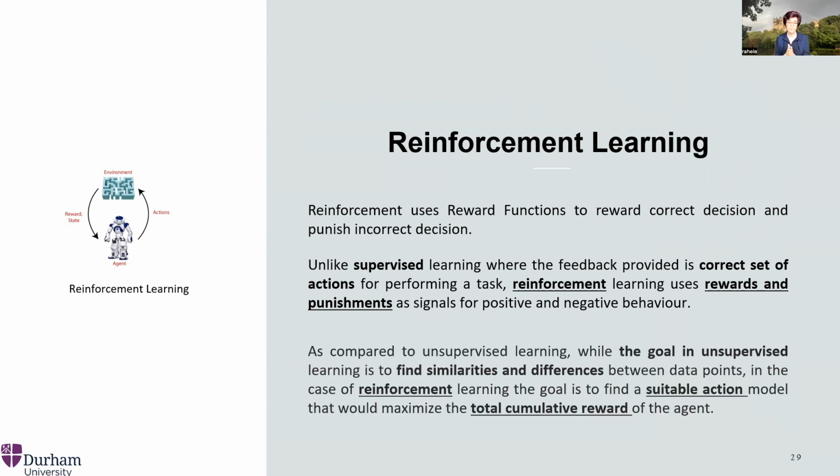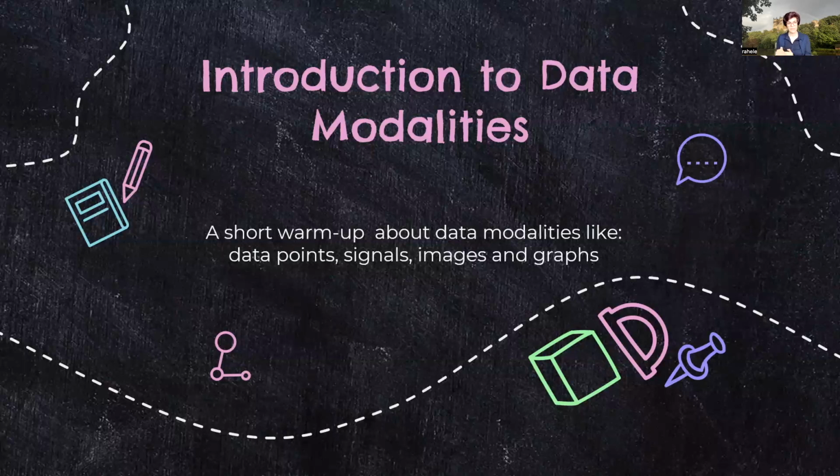And if we compare it with unsupervised methods, which find similarities and differences, in reinforcement learning they actually find a suitable action model that maximizes the reward of the agent. Well, talking about those backgrounds, we want to go into different data modalities and find a match between these modalities and those applications in AI.